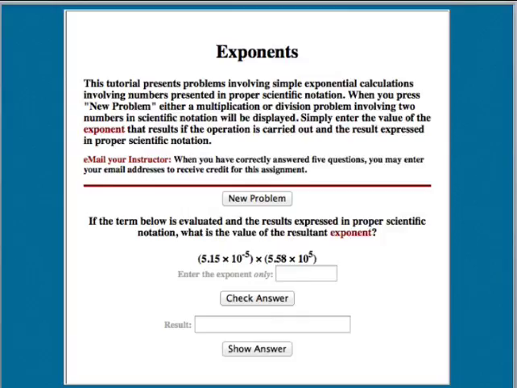When you are multiplying exponents, they simply add. When you are dividing exponents, they subtract. So step 1, you want to look at your exponents, either add or subtract. Then you look at this, 5 times 5, roughly 25. That's going to be another power of 10. So let's work the problem here.